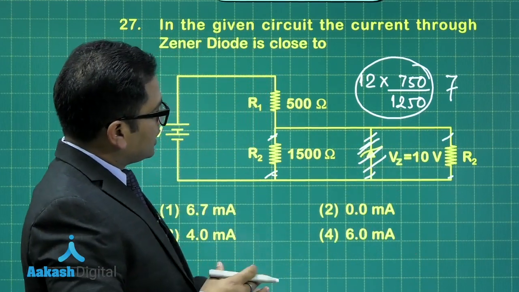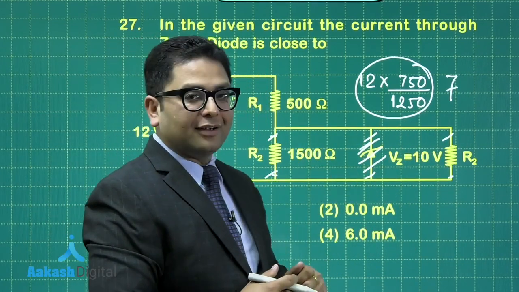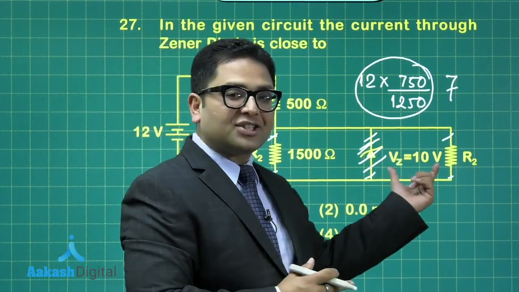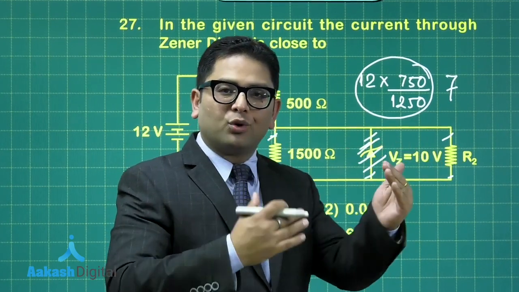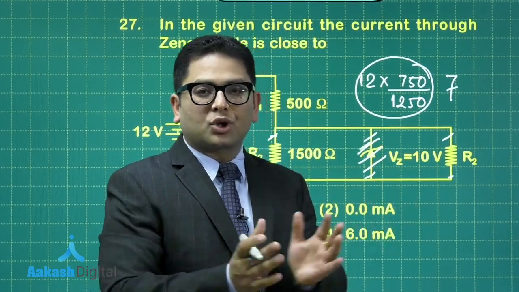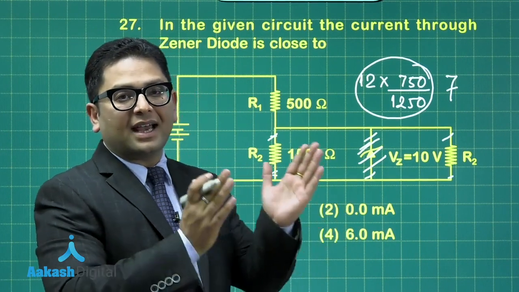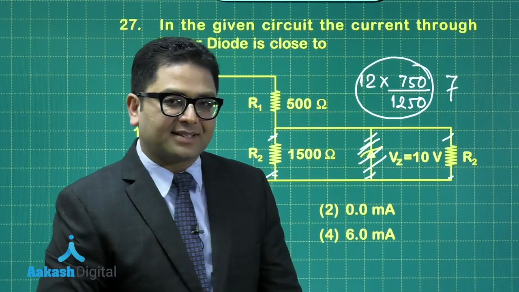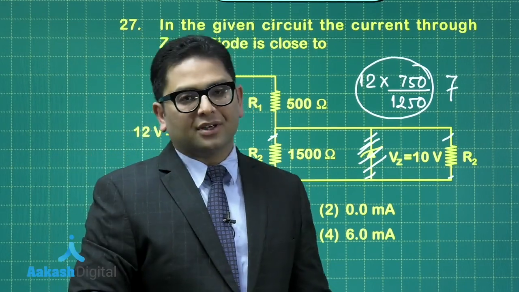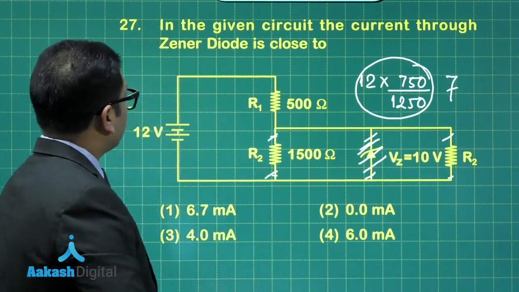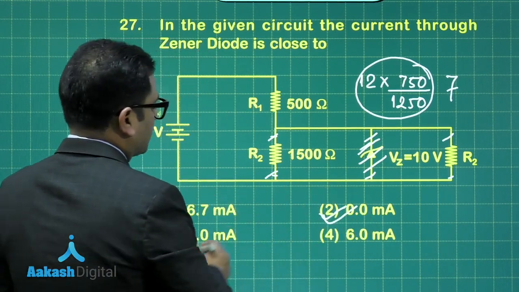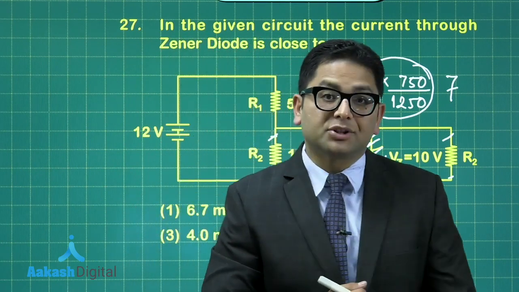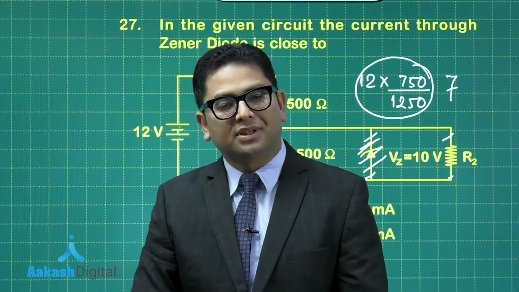And you could see the potential difference across the diode is 7 point something, which is lesser than the Zener breakdown, the specified voltage when the diode would break down. So clearly it's a case where Zener has not reached its breakdown. It means it is in the reverse biasing before reaching the breakdown. So quite obviously the current has to be 0. Therefore, for question number 27, the correct option comes out to be option number 2. Let's move to question number 28.